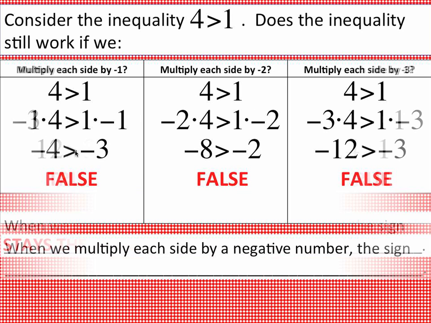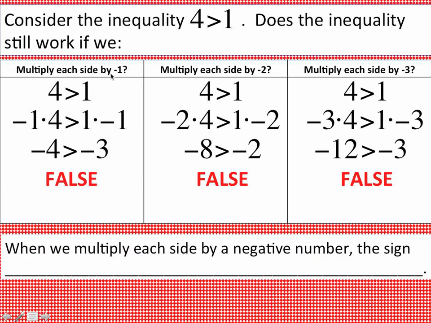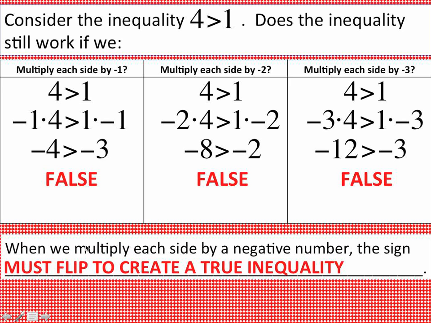However, when I did a negative number, I created false statements. So if I want to create true statements, whenever we multiply by a negative number, the sign must flip to create a true inequality. Basically, this is the only rule you have to remember for inequalities.